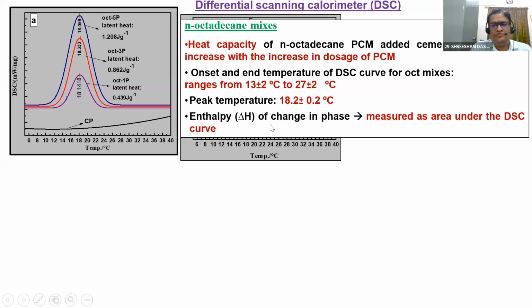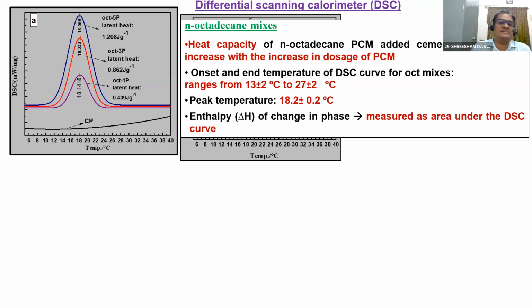So how will I do it? Well, you can measure the enthalpy of phase change, that is measured as area on the DSC curve. So this is my starting temperature. This is my end temperature where I'm getting a major peak. Means that is the point where my heat is getting absorbed.